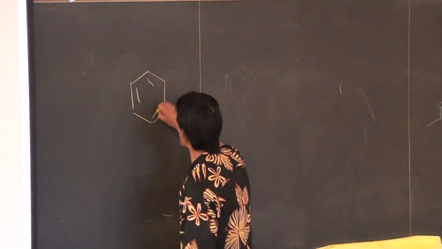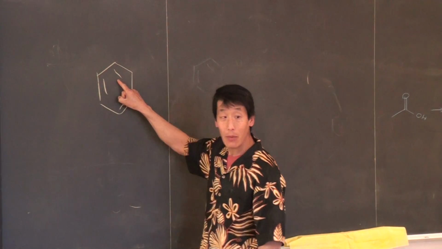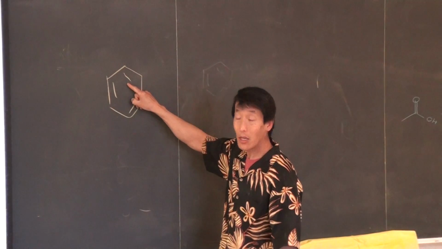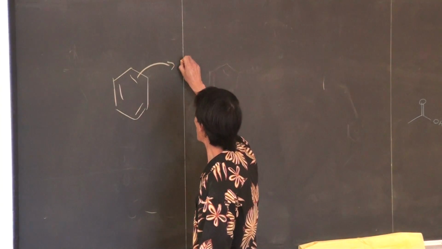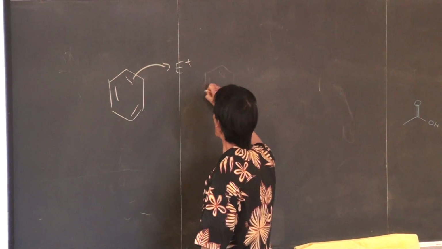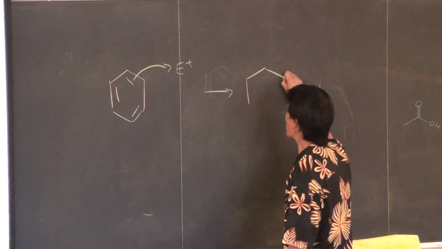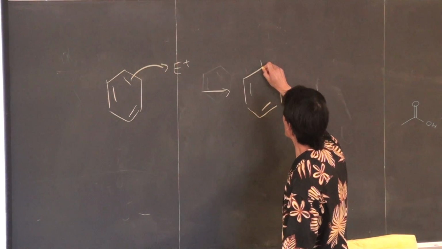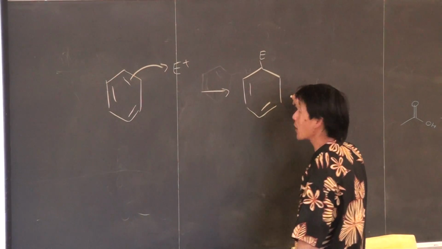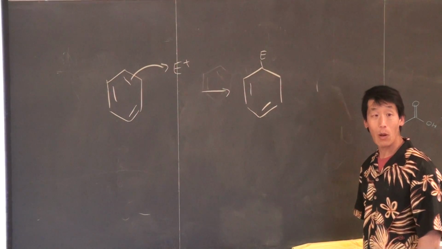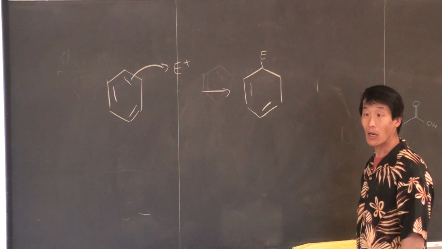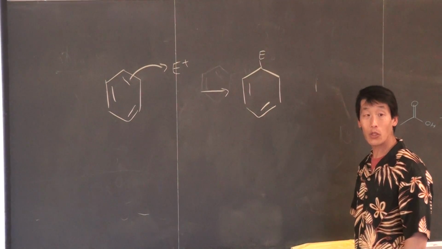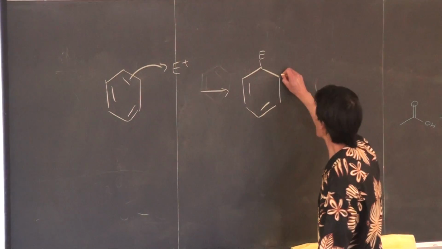Yeah, so we looked at benzene, and we said the pi bond behaves like a nucleophile that reacts with the electrophile, then we can figure out the intermediate that forms. So let's see, we put the electrophile here. On which carbon? Yeah, this one.